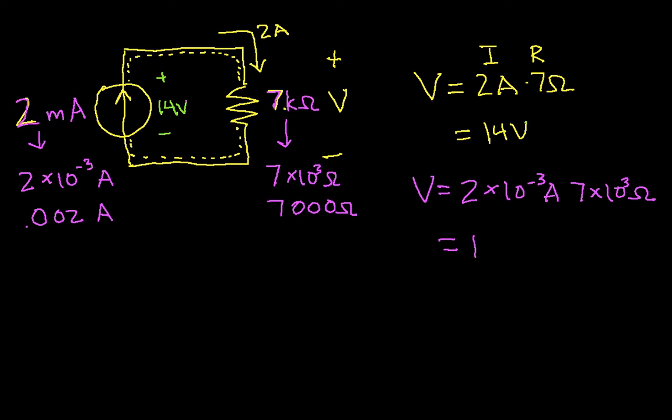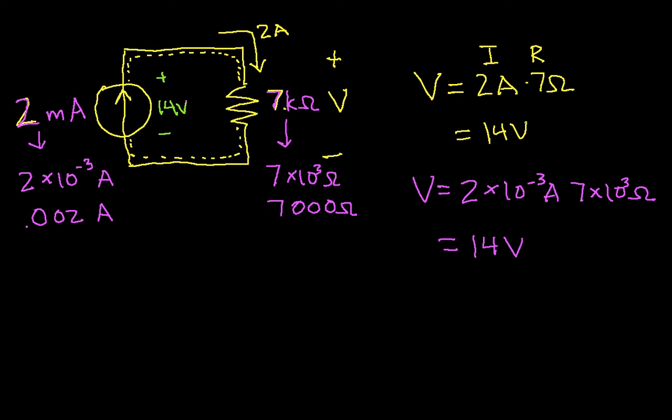So I end up with a 14 volt result. Okay, so again, what this means is in this case, the voltage source will do whatever it has to make the current through the resistor be 2 milliamps, and given that I have a 7 k ohm resistor, that requires a voltage of 14 volts.